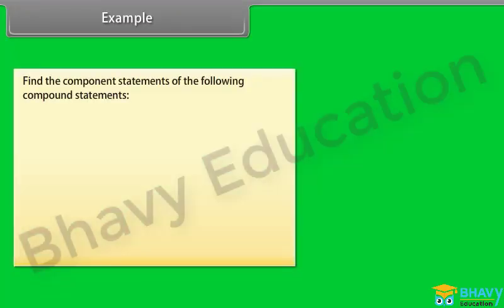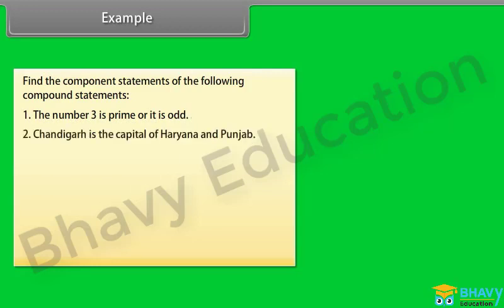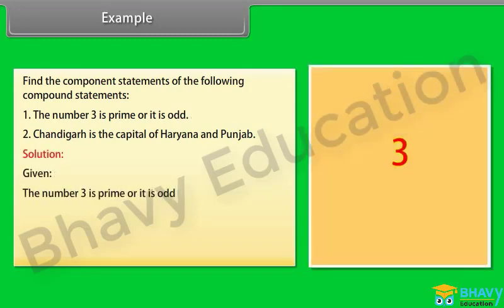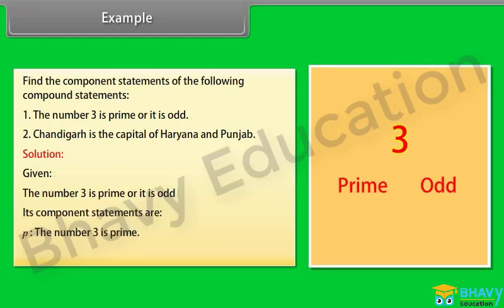Example: find the component statements of the following compound statements. The number 3 is prime or it is odd. Chandigarh is the capital of Haryana and Punjab. Solution: given, the number 3 is prime or it is odd. Its component statements are: P is a statement that the number 3 is prime.